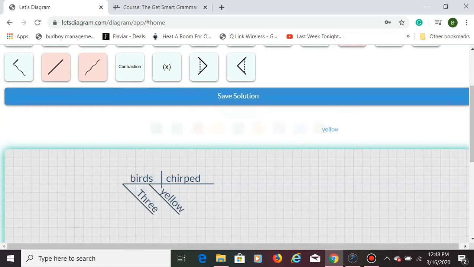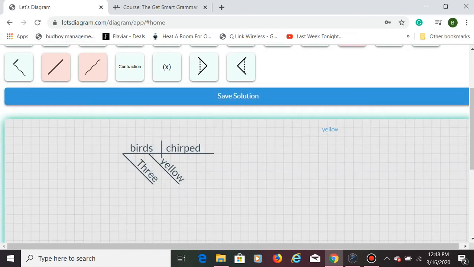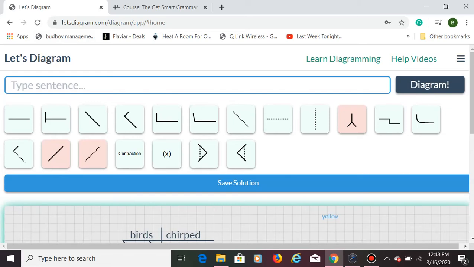We will do number 2. And the sentence in number 2 is, will the cute cat meow? Okay, and that is a question sentence.